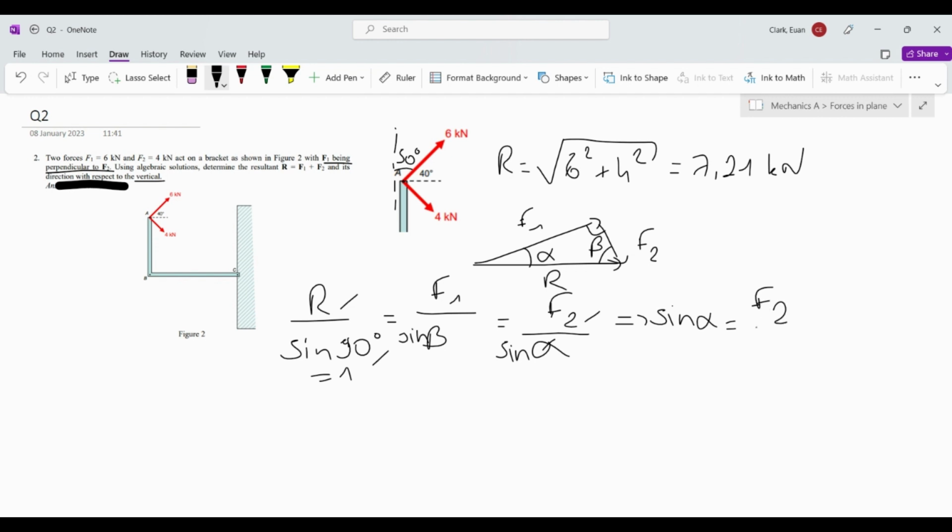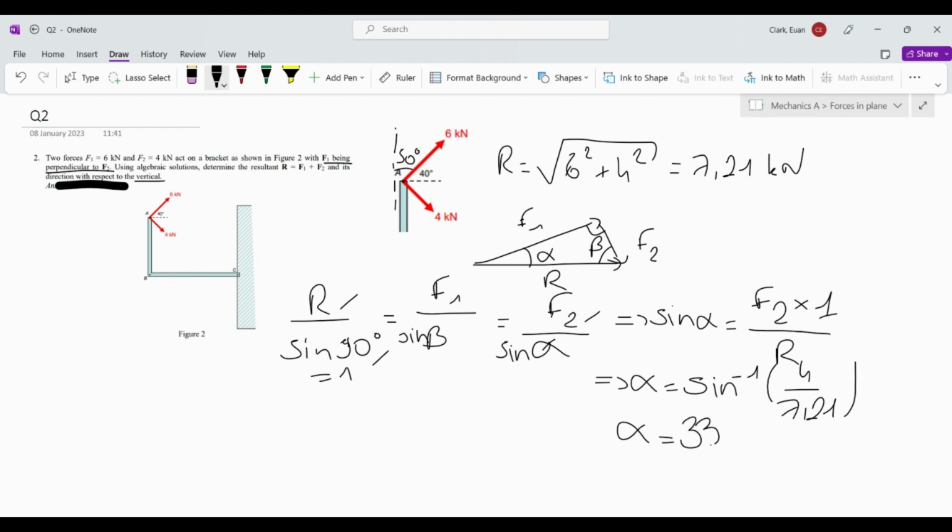Same as before, F2 times 1 over R. This means that alpha is equal to sine inverse of F2, which is 4 kilonewtons over 7.21. And this is going to give us an alpha equals 33.7 degrees. I believe this is the same answer as previous, which is sort of weird. Yes, exactly. So that's 33.7 degrees.